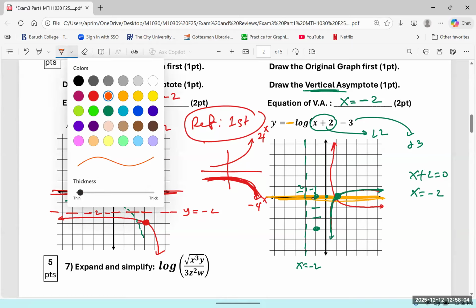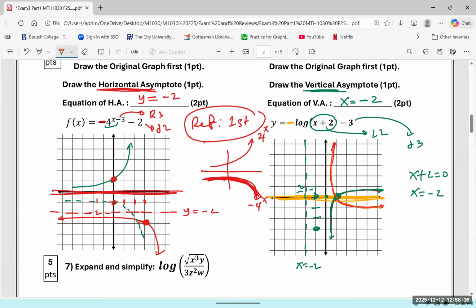So now this reflection, let's draw here. Same reflection. You are moving 1 left, 2 left, 1 down, 2 down, 3 down, and then it just shifted there.